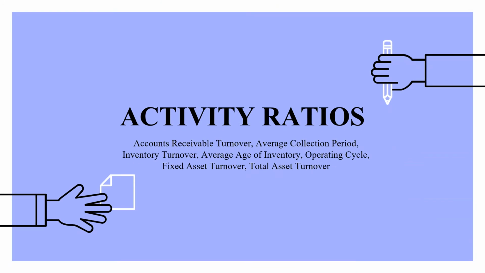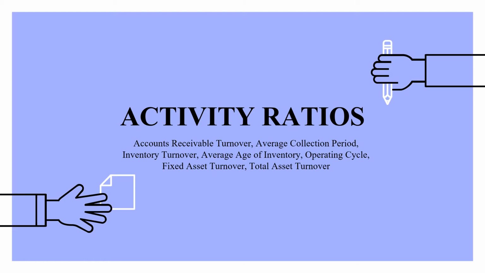Another type of financial ratio is we have the activity ratios. So here naman, ang minameasure natin dito generally ay yung activity or yung operation ng business, yung efficiency in terms of its operations.